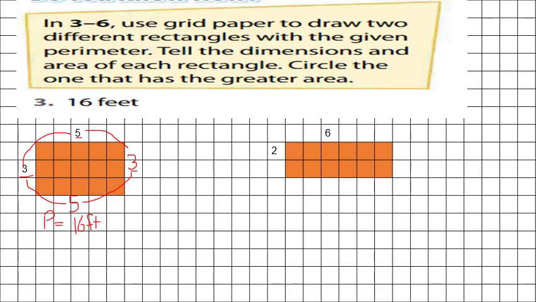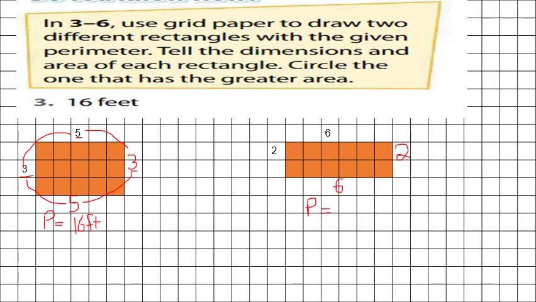Now we have to find the perimeter of the second rectangle. So this side will be, excellent, 2 feet, and this side will be, very good, 6 feet.